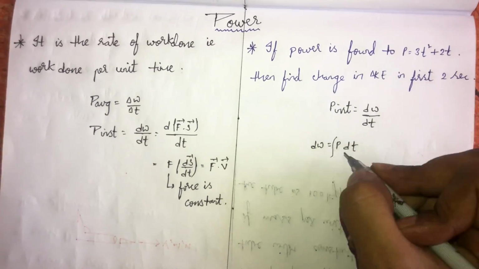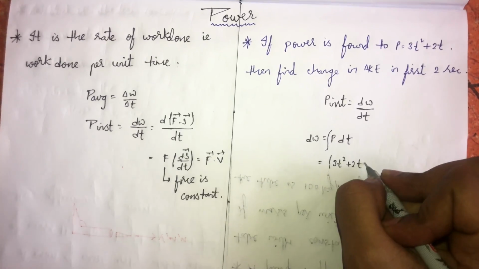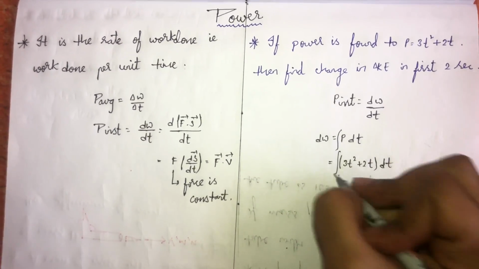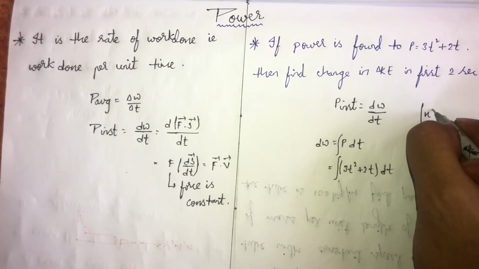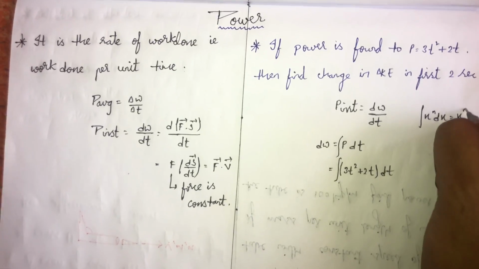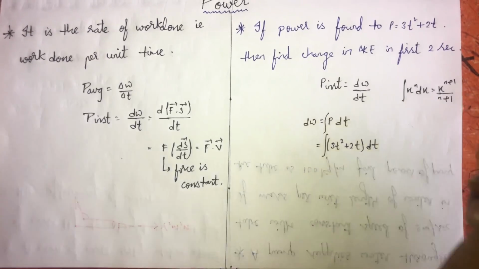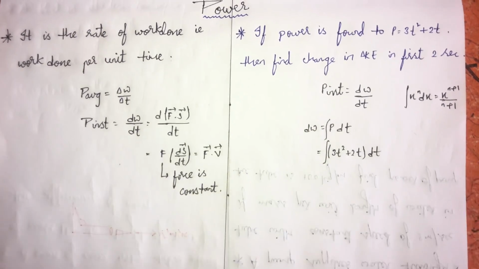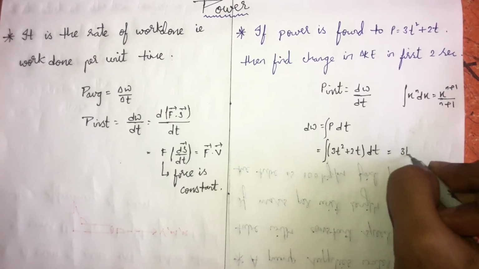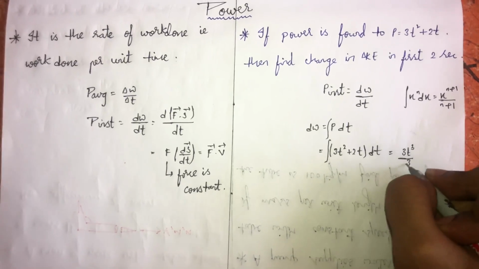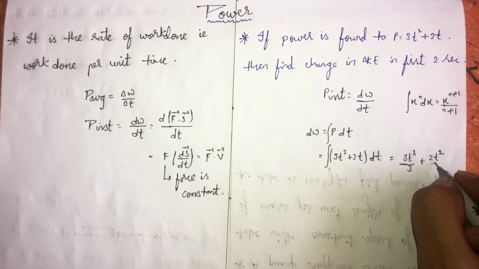Here the P value is given as 3t square plus 2t times dt, integrating. Then from the formula we already learned, integrating x to the power of n with dx will be equal to x to the power of n plus 1 by n plus 1. Then integrating 3t square plus 2t, we will get 3 t cube by 3 plus 2 t square by 2.